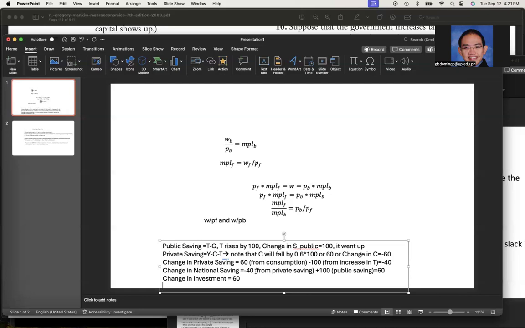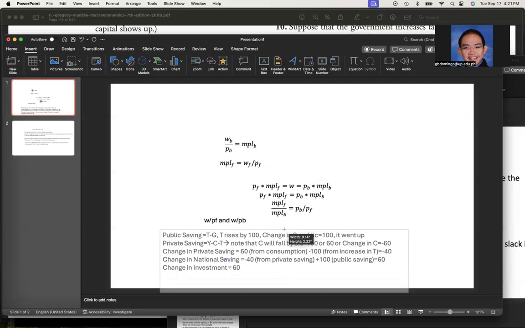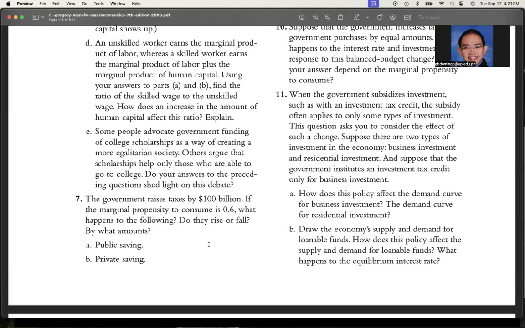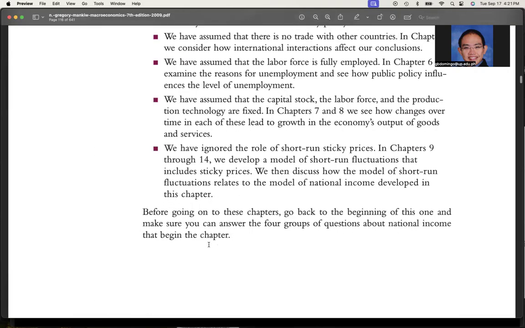And you can add here, finally, that if investment rises, then R, or the real interest rate, must fall. The cost of investing has to fall. Okay, so this is basically the same thing as this example here, just to point out.